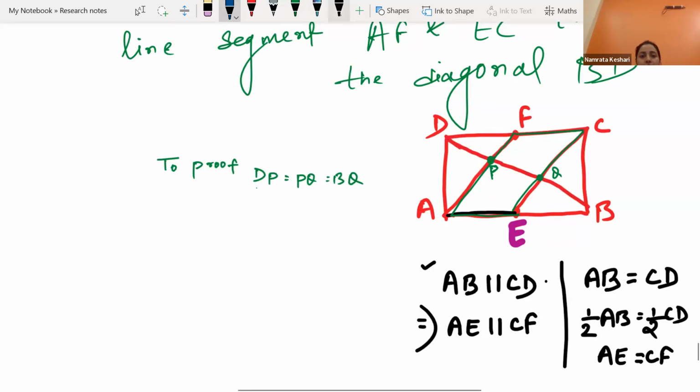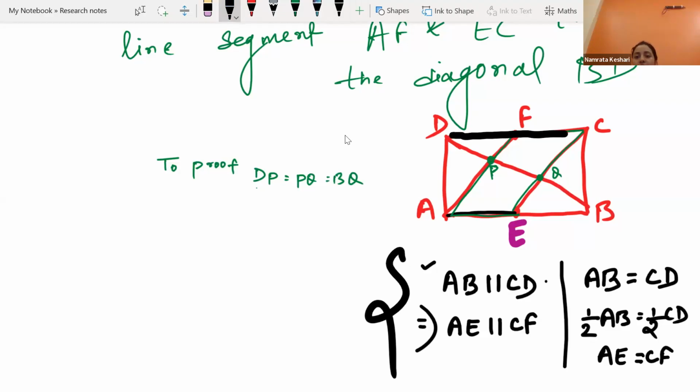Let's see. Now, after proving AECF is a parallelogram, which we have also done, she has taken this triangle.